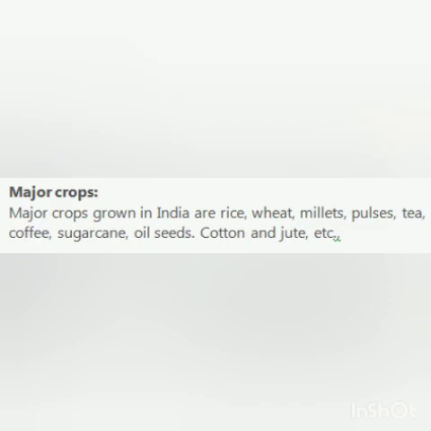Though these are known as coarse grains, they have very high nutrition value. India is the largest producer as well as consumer of pulses in the world. These are the major source of protein in a vegetarian diet.